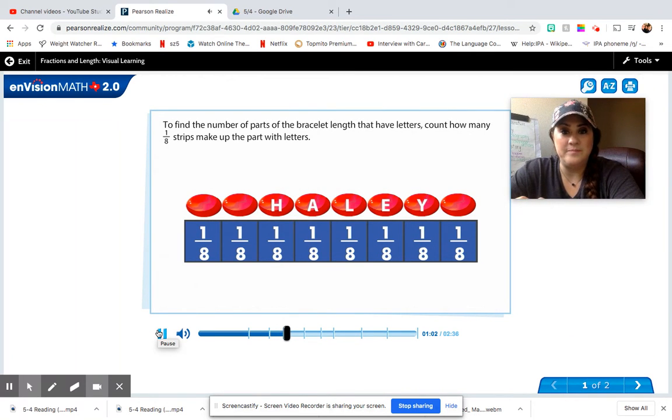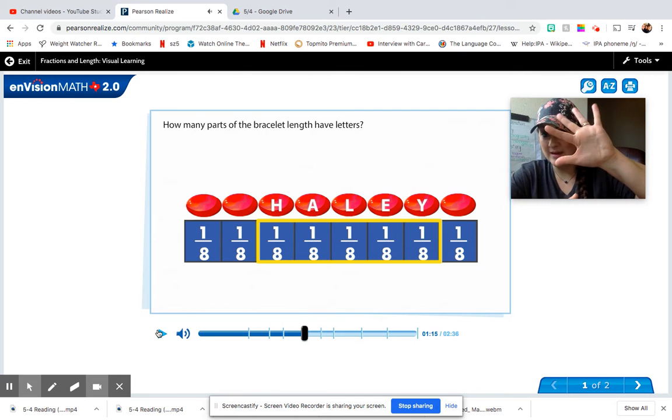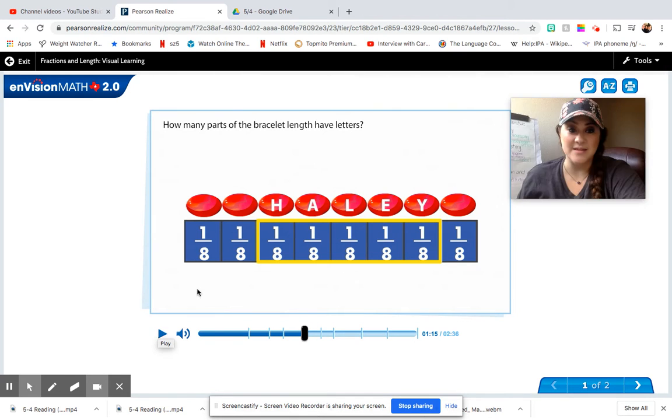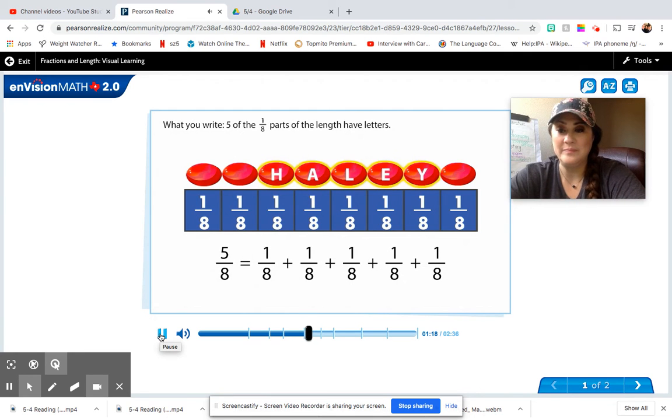To find the number of parts of the bracelet length that have letters, count how many 1/8 strips make up the part with letters. How many parts of the bracelet length have letters? 5/8. What you write: 5 of the 1/8 parts of the length have letters.